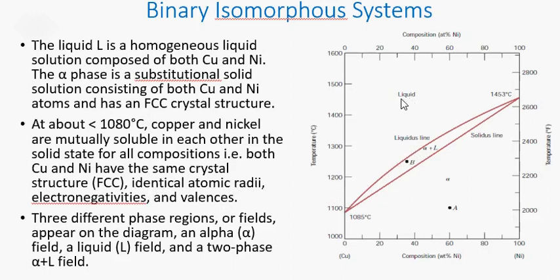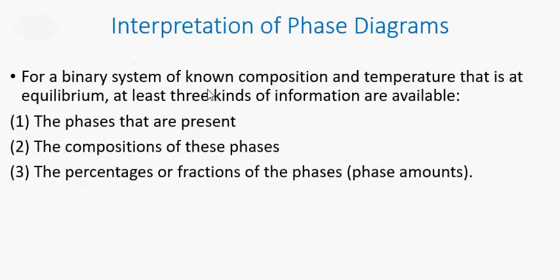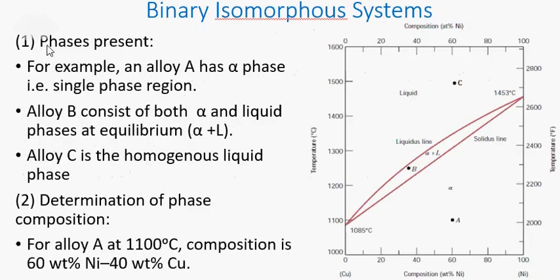Here we have, as I said earlier, a three-phase region: liquid, the solid region, and then the solid and liquid region. And these are the primary key 3 points needed in interpretation of phase diagram. So let's look at them each. First is the phases present.